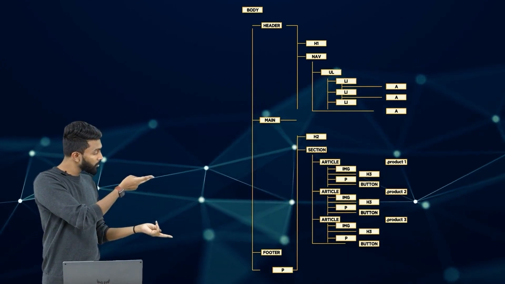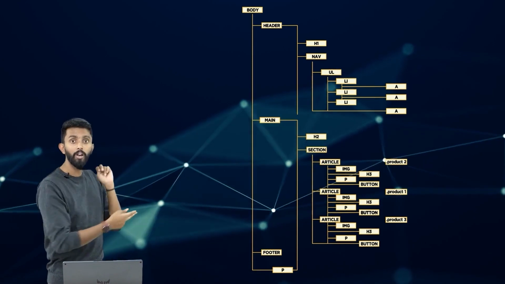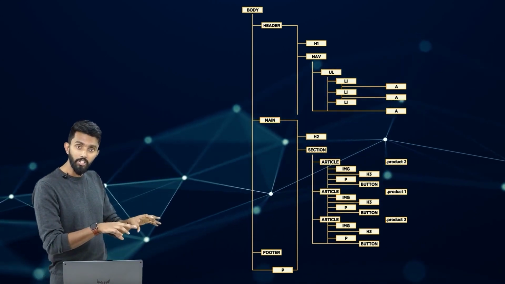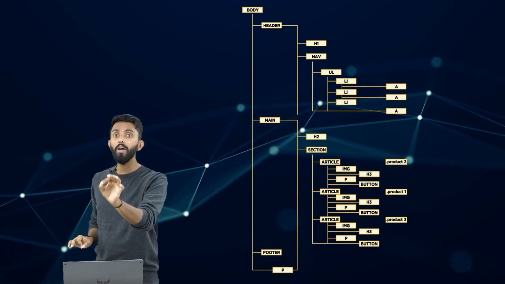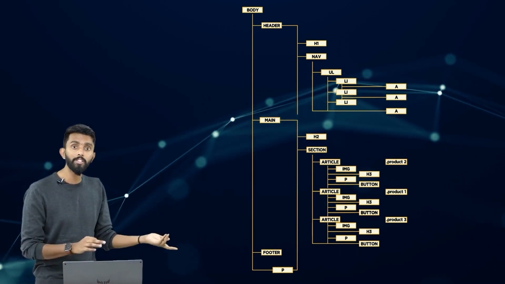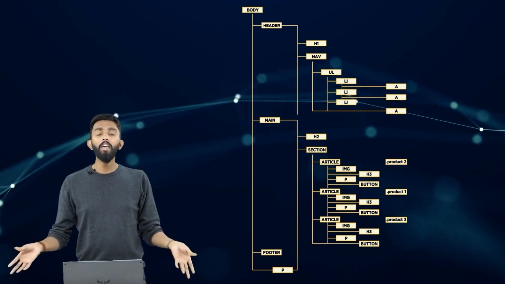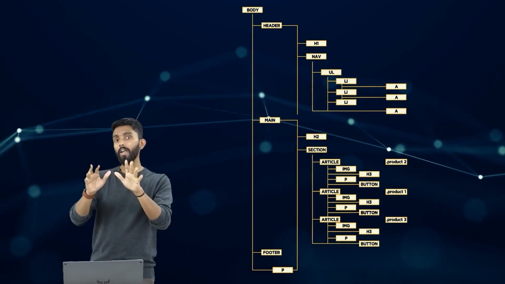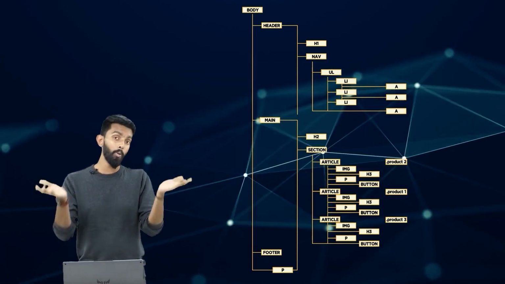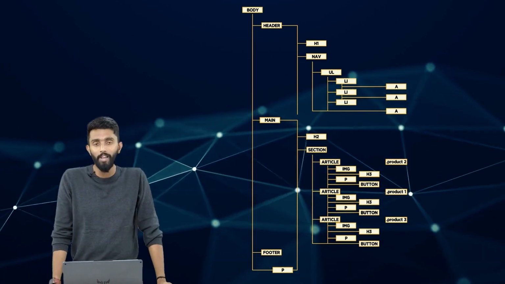For example, let us assume the position of these two products were to be interchanged. If it gets interchanged, unfortunately the Xpath that you used for the first product and the second product will not work. Also at the UI level, if some change is made in terms of the CSS, then probably the CSS selector also may fail.